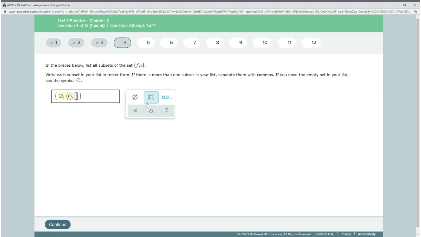And then the set itself. And the reason why we know that's all of them is because there's 2 elements in the set. 2 to the second power means there's 4 subsets. And we're going to see that again in the next one. But that's just asking us to list them all.